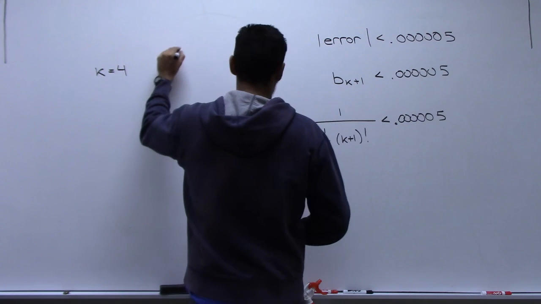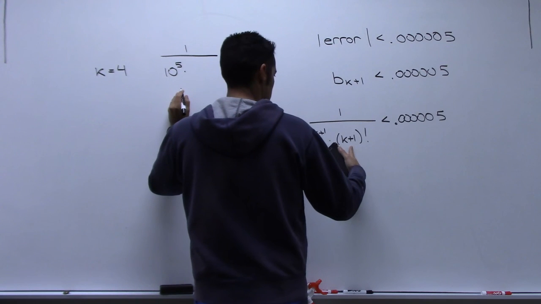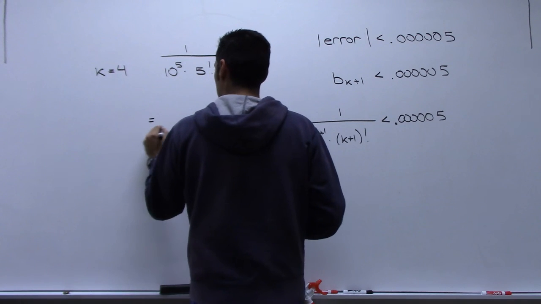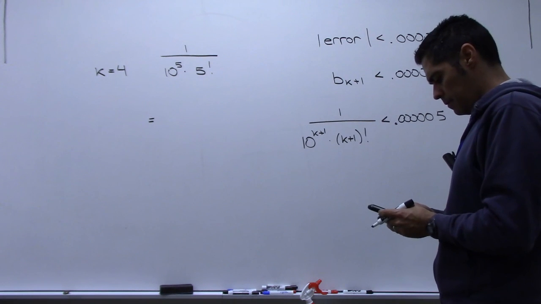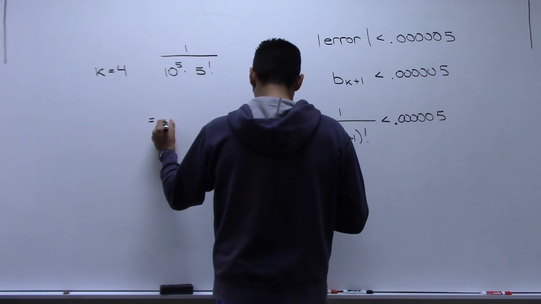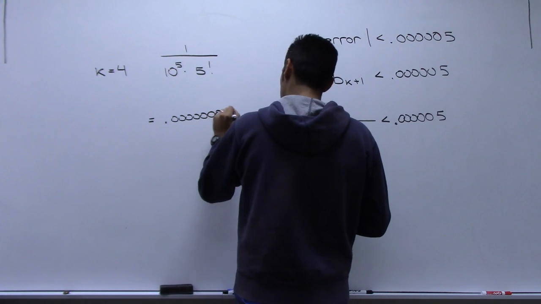So if I do that, I'm going to be computing 1 over 10 to the 5th times, let's see, 4 goes in here, 5 factorial, which equals, now I'm going to have to do this on my calculator, 1 divided by... I think I went too far. 1, 2, 3, 4, 5, 6, 7, 8, something like this.